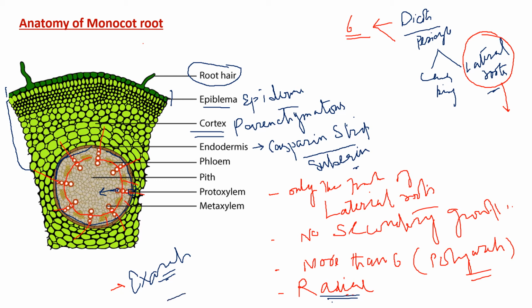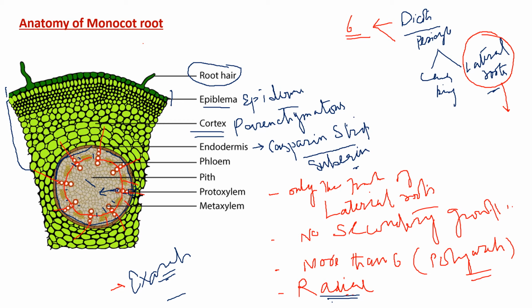Another important point is that the cells in between these vascular bundles form the conjunctive tissue, and the conjunctive tissue in case of dicots was parenchymatous, but here in case of monocots it may be sclerenchymatous.